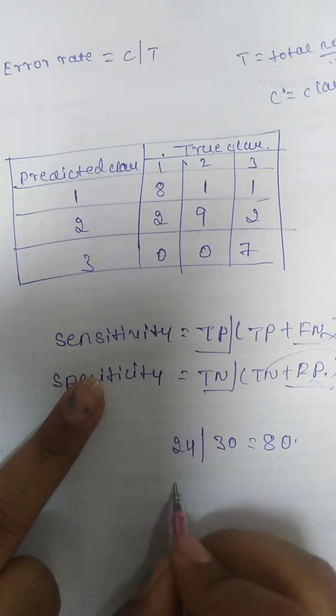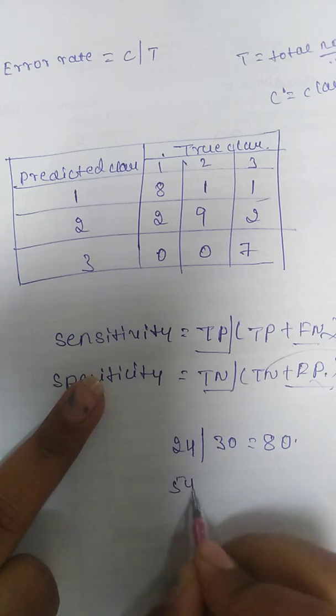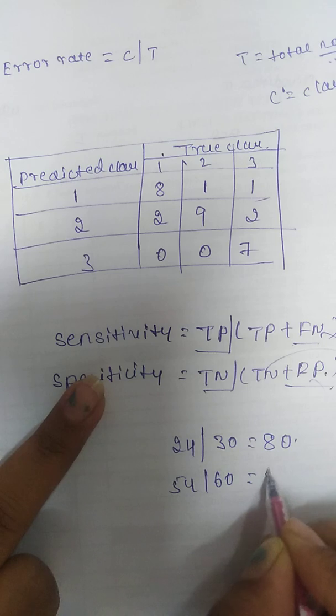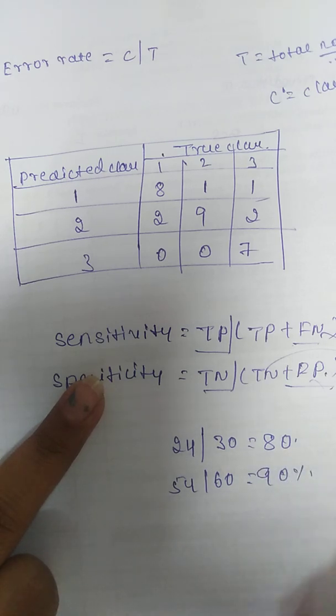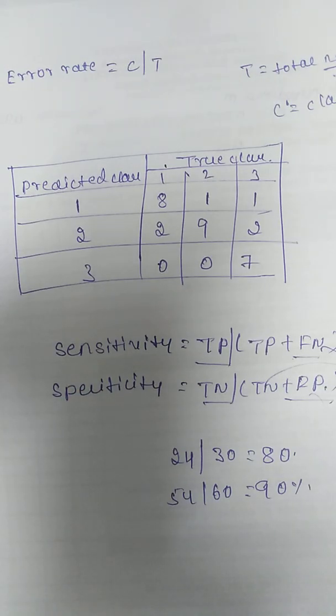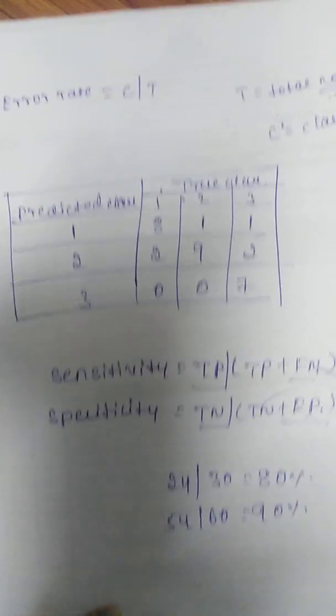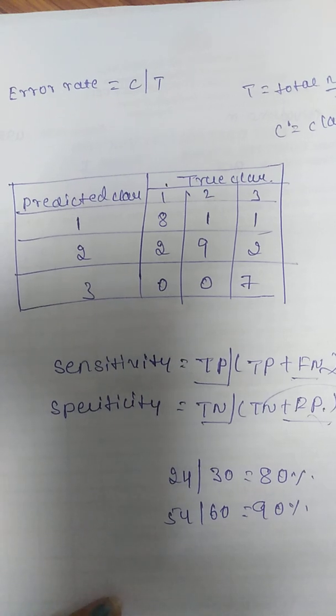Then for specificity, I will take 54 divided by 60, which is equal to 90%. So 90% specificity and 80% sensitivity will be there in this one.